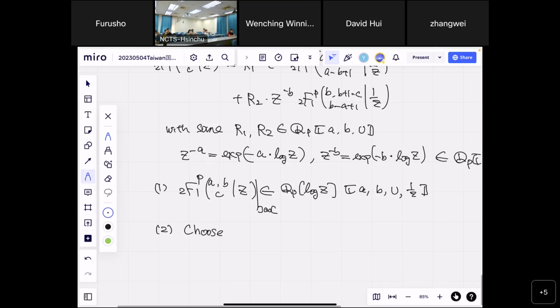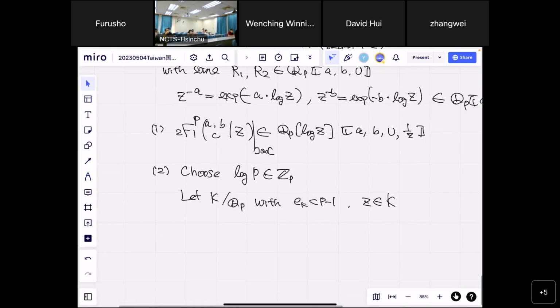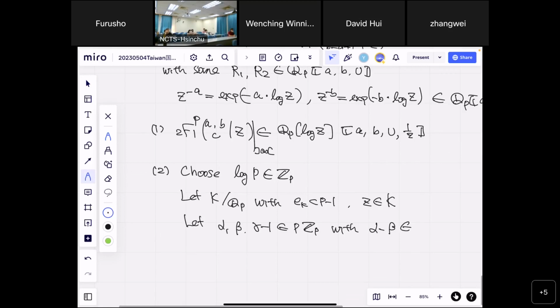Choose a branch of p-adic log, and let K be a field extension of QP whose absolute ramification index is smaller than p minus 1, and let G be an element of K, and further, let alpha, beta, gamma minus 1 be elements of PGP, with alpha minus beta difference belonging to, but not.